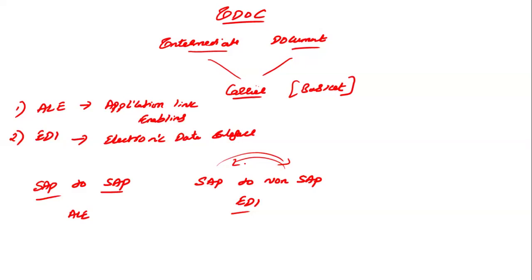But when you're transferring the data from SAP to non-SAP, you cannot transfer the data straightforwardly. In ALE, you are directly transferring the data, but in EDI, you cannot, because SAP is using a Java programming, and any non-SAP system will be using another program.